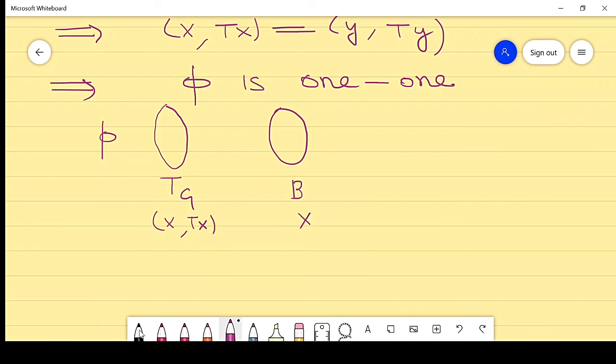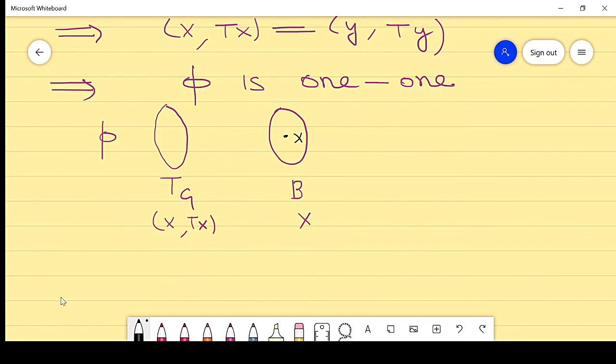Now just observe the definition of onto. For every x, if x exists, then (x, Tx) also exists, because x is directly related to (x, Tx). So it means clearly this mapping is onto.